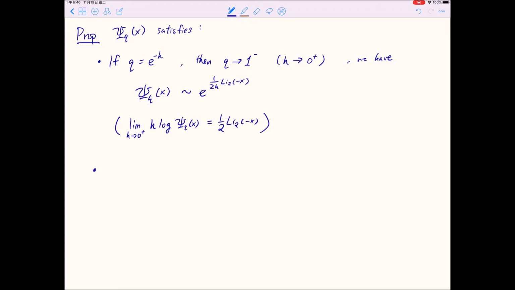Then it also has a very useful functional equation. And actually this, in some sense, generalizes the gamma function. So sometimes this is also called the quantum gamma function. Because for the gamma function, you have relations like this.